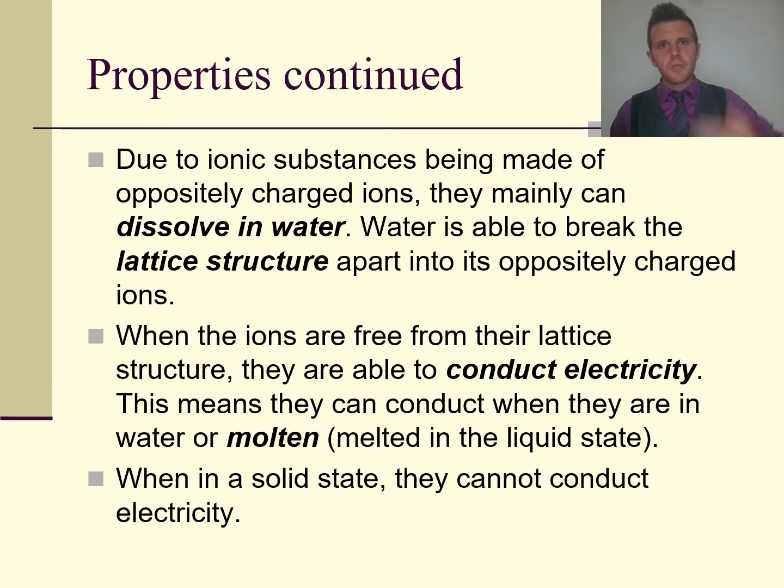It's a lot easier for me to draw this out for you guys and explain it in person, so I'll do that. And then also, when the ions are free from their lattice structure, so when they're not in this block shape that we just saw, for example, when they're dissolved in water or when they're melted, those ions are free to move around and then they can conduct electricity.